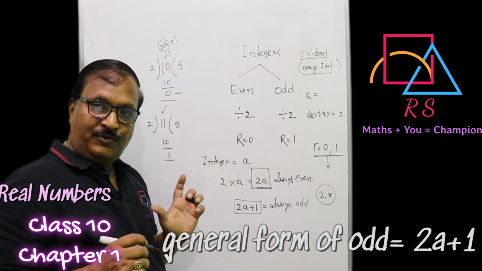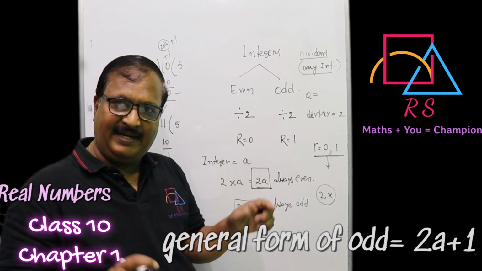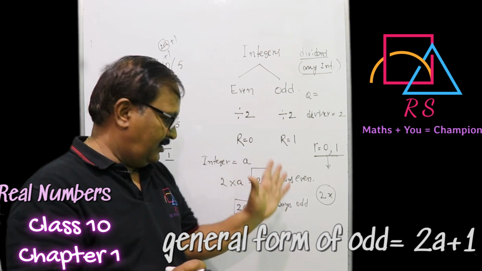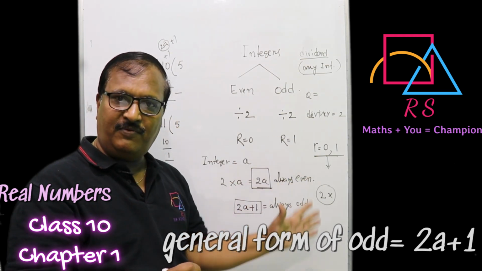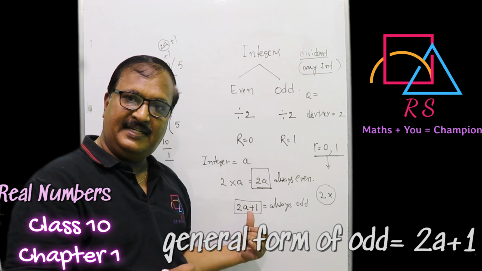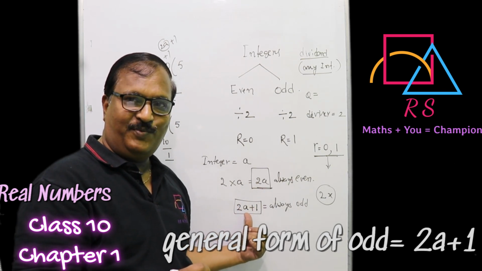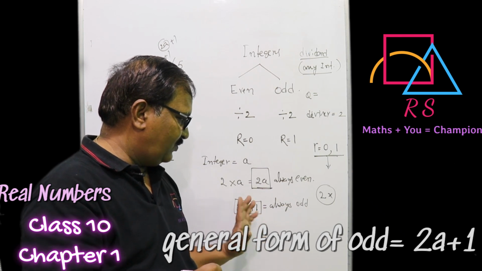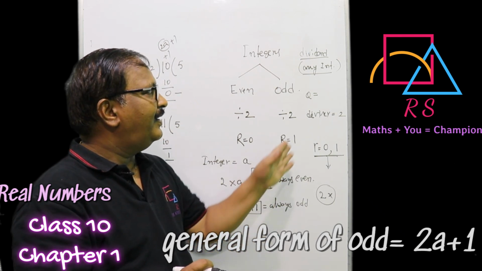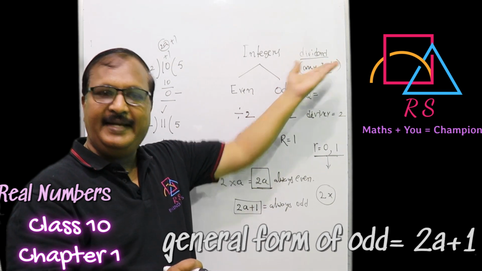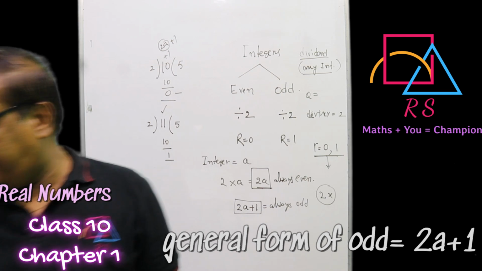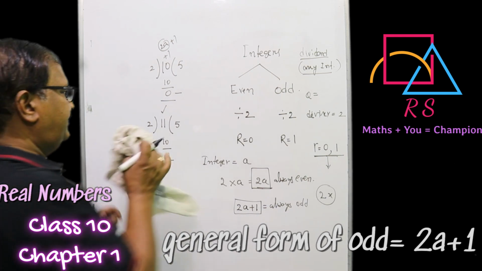Today you understand the general form of an even number and the general form of an odd number. These forms, 2a and 2a + 1, all come from the EDL only. Let us write EDL. To write EDL we need two numbers.